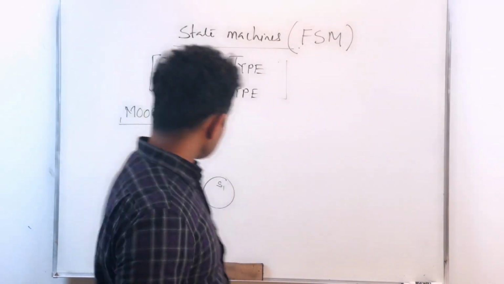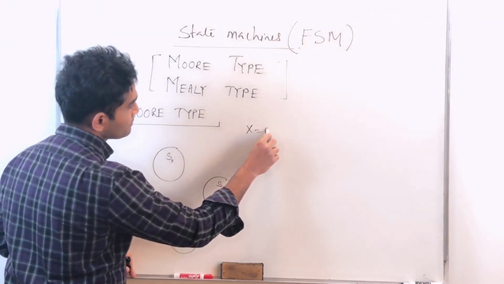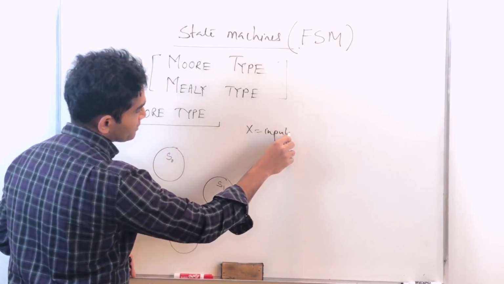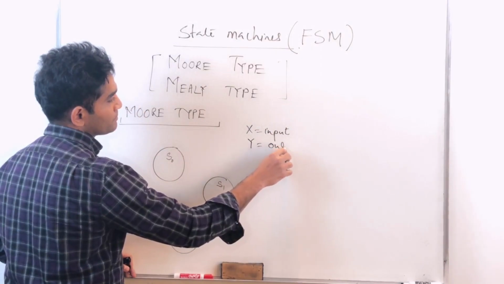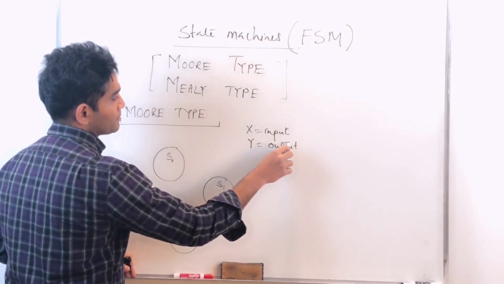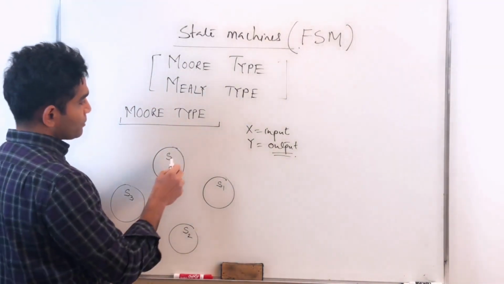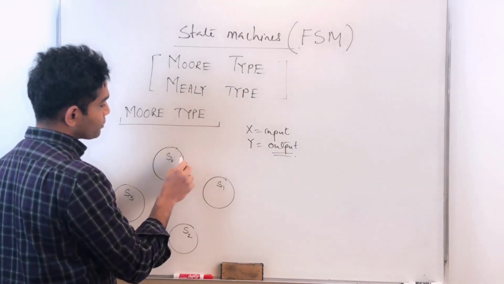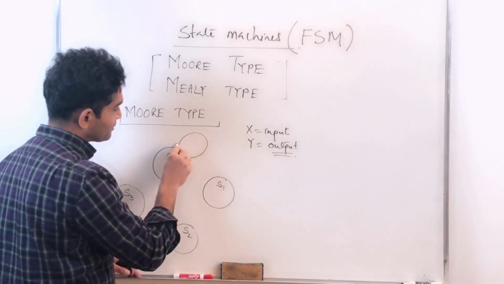Okay. So here, let's say x is the input for this particular state machine, and let's say y is the output. So my inputs and outputs are specified at the same time. Okay. So let's say x equal to 0 takes me back to the 0 state. Okay, let's say that's how we define this particular state machine.